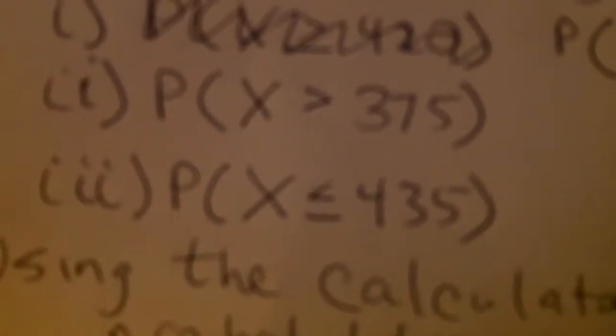Okay, now for the second one here, we're looking for the probability that X is greater than 375. So in this case, we're going from 375 out infinitely to the right. Okay, so we'll go back here to the distribution function. Bring back the normal CDF.